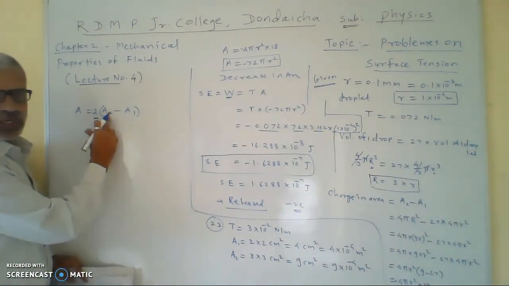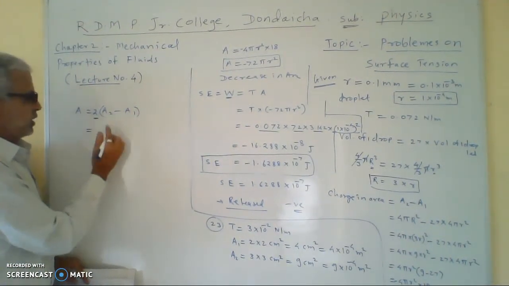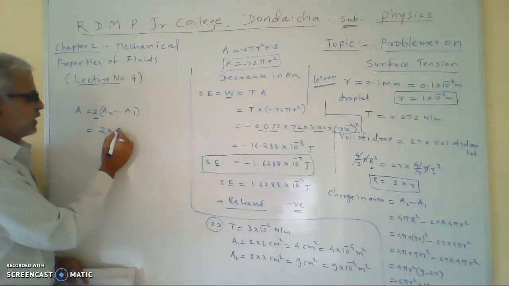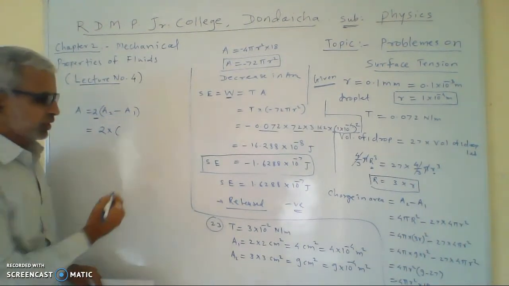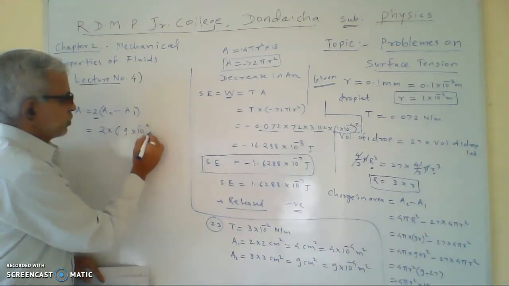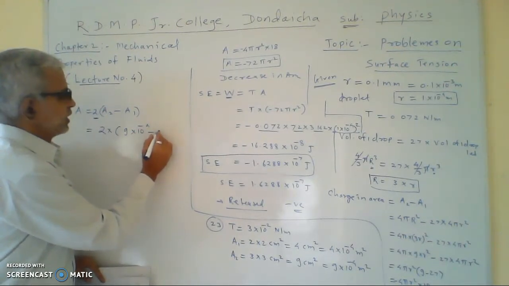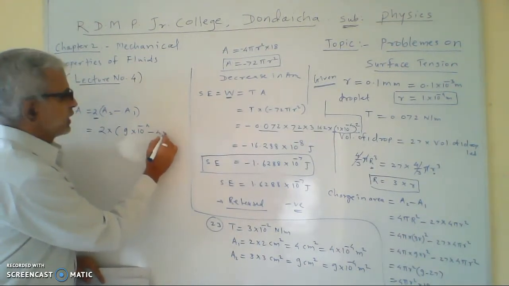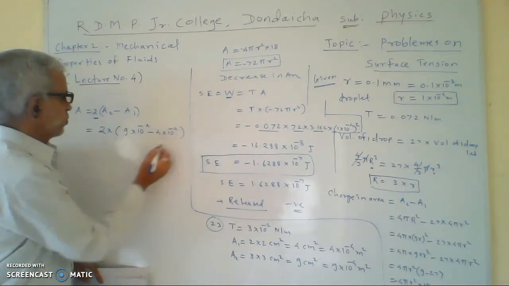So 2 multiplied by the value of A2, it is 9 into 10 raised to minus 4, then A1, it is 4 into 10 raised to minus 4.